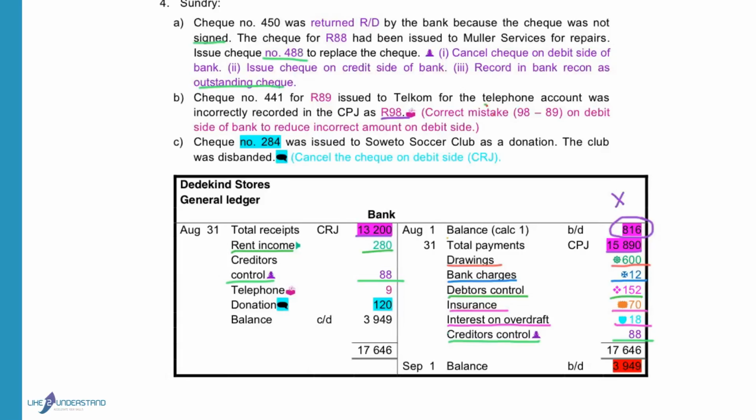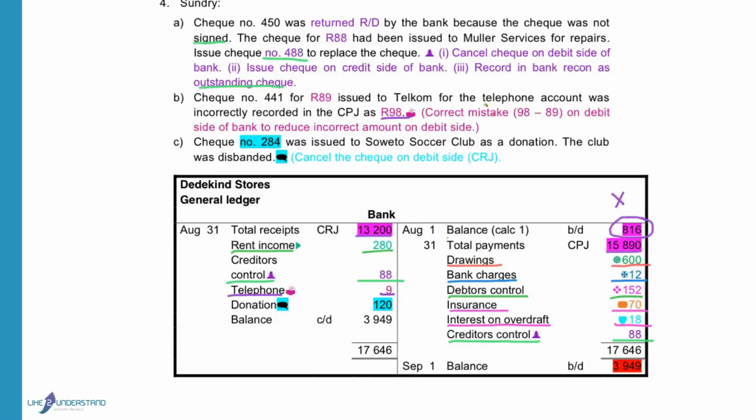To correct this mistake, we will have to correct it on the debit side. So 98 minus 89 will give me a difference of 9 Rand. When we originally recorded it in the bank on the credit side, we debited the telephone account with 98, so we also have to reduce the telephone account on the credit side with 9 Rand.